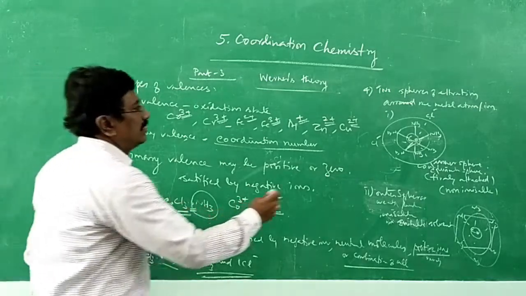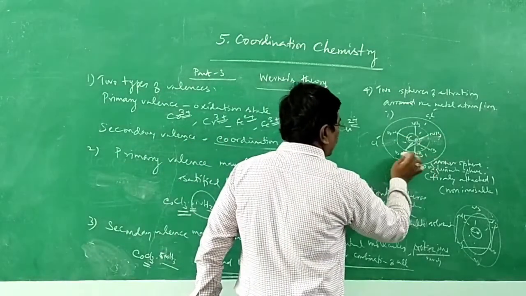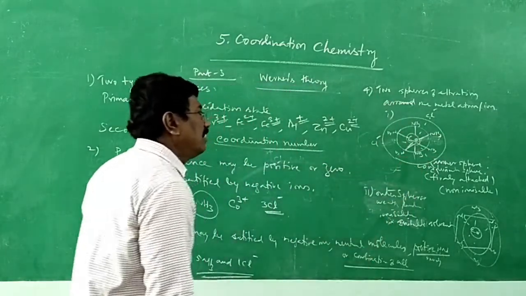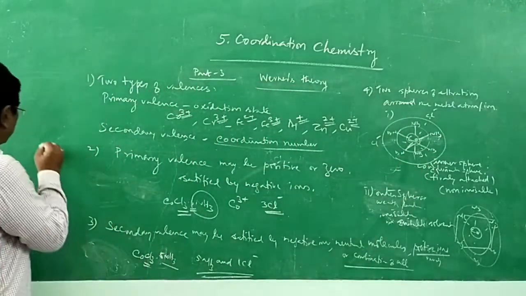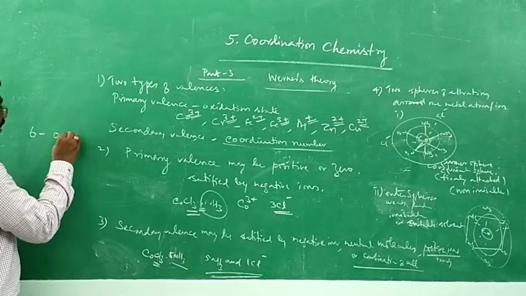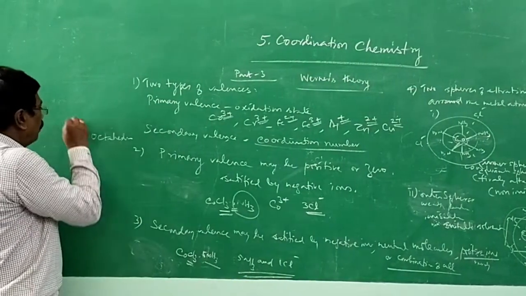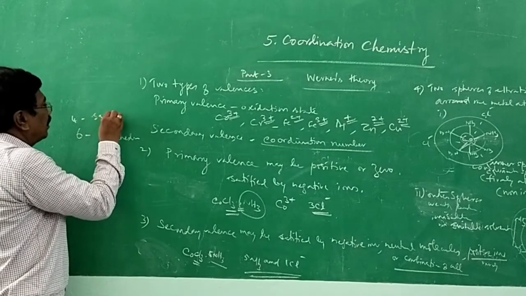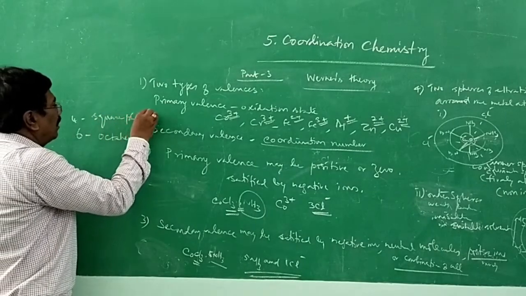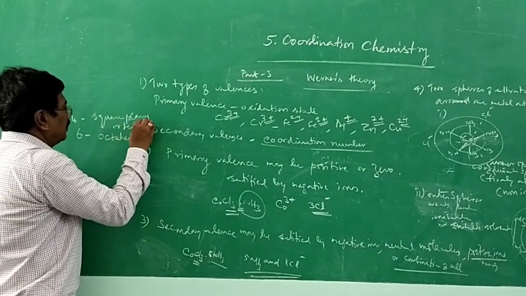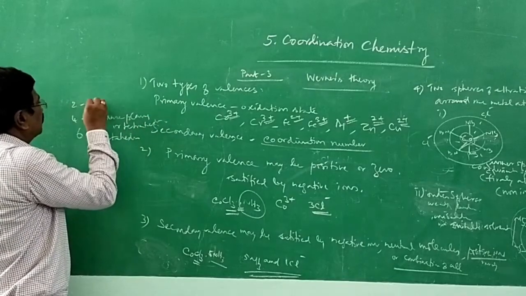They are directional. They occupy specific positions. We say octahedral. If 6 ligands are present, it is octahedral. If 4 are present, square planar or tetrahedral. If 2 are present, it is linear.